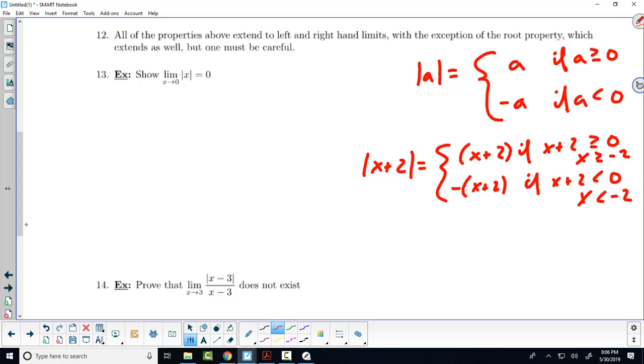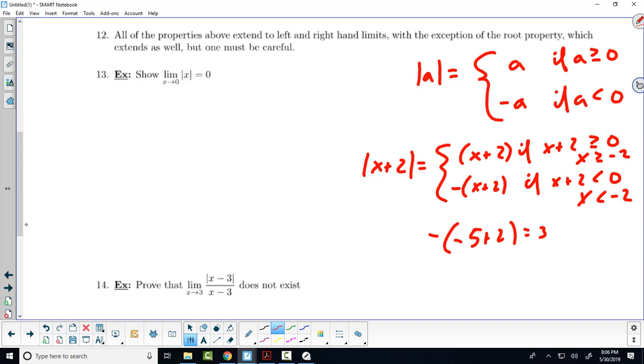If I plugged in a negative 5 for x, I would have negative 5 plus 2, which is negative 3, and the absolute value of negative 3 is 3. That's the same thing as putting a negative sign in front, which gives 3 as well. All right, that's how you work with absolute values.